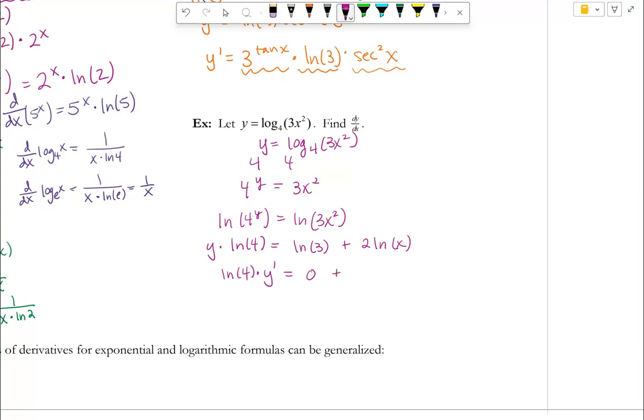And then when I take the derivative of 2 times the natural log of x, I just get 2 over x. So when I simplify this, I get 2 over x divided by the natural log of 4, so that's like times the natural log of 4 in my denominator.